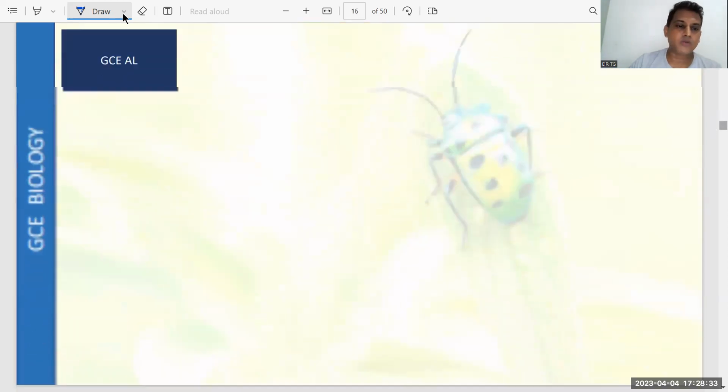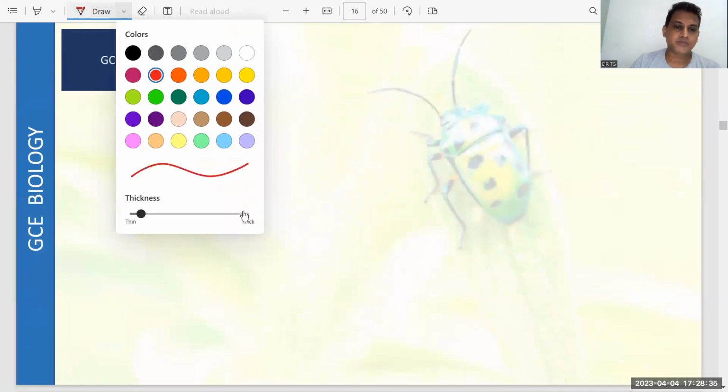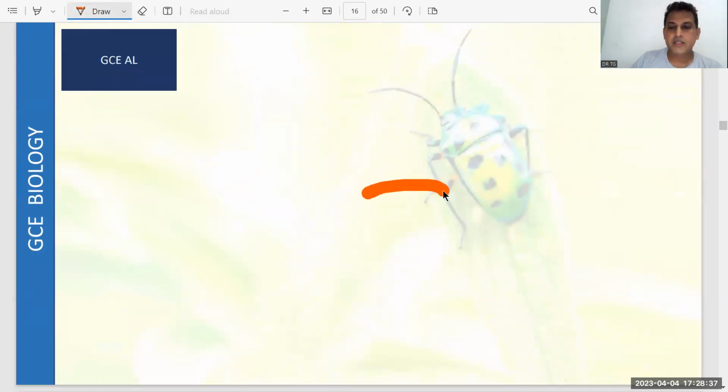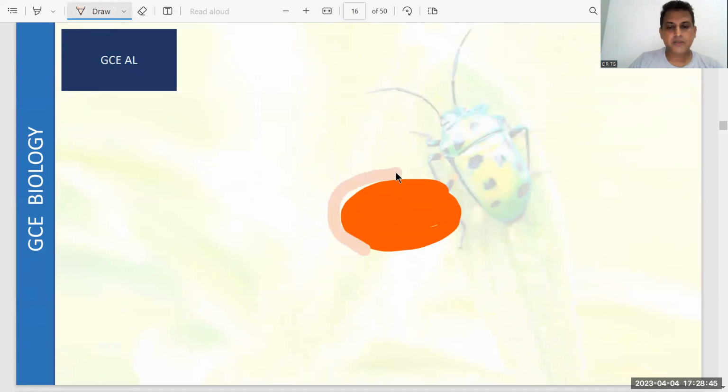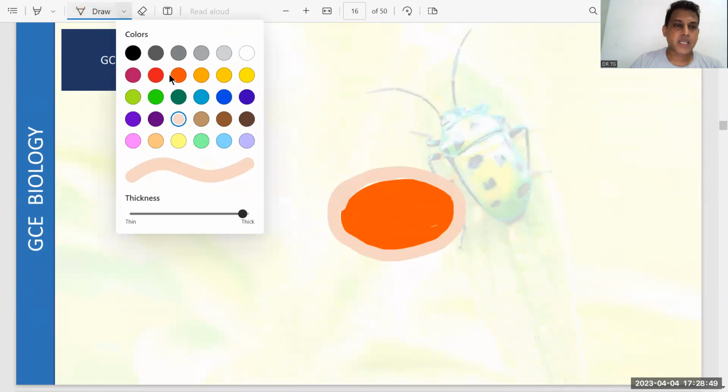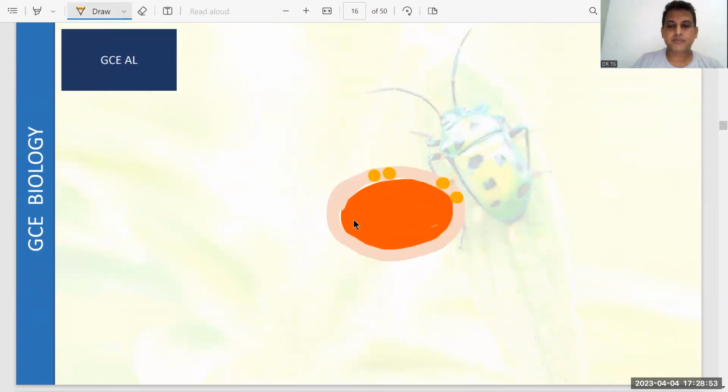We are taking now AB blood group. This is an AB red blood cell and this is the cell membrane. This person has both A and B. And this is the plasma.